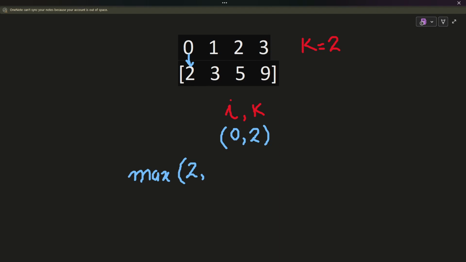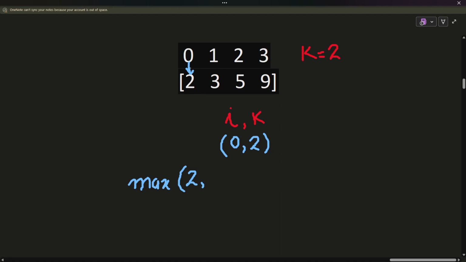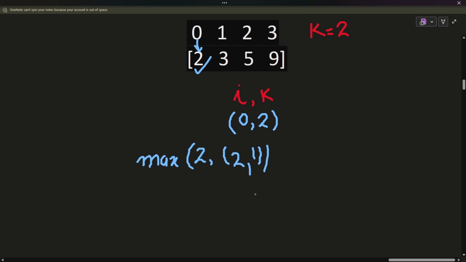If he stole 0, he can't steal 1, because he can't steal adjacent houses. So he will be going for 2. So the recursive code will call for 2, comma, 1 house, because we have stolen 1 house.